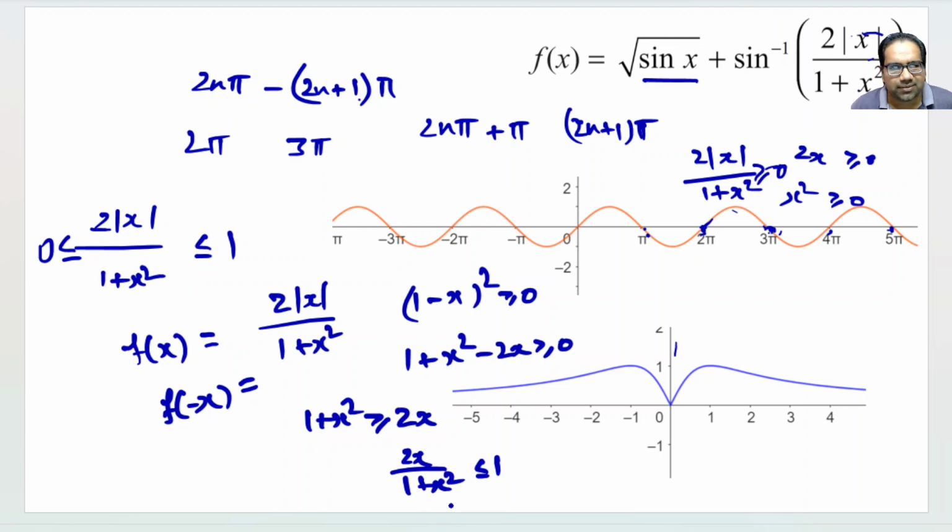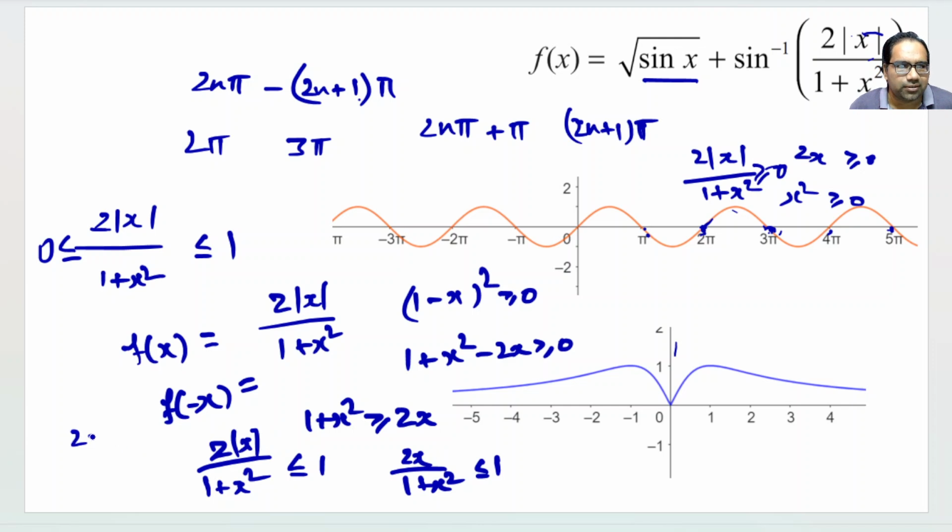Whether x is positive or negative doesn't matter. If x is negative, this would have been negative, but here there is absolute value of x. So 2 into absolute value of x by 1 plus x square is also always less than or equal to 1. When x is greater than 0, absolute value of x is also x, right?